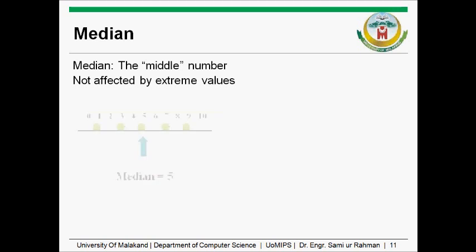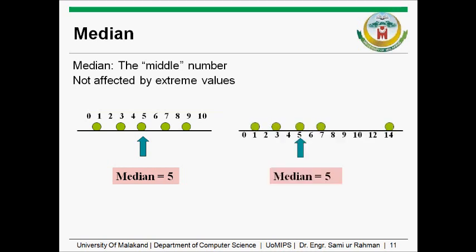For example, here we have 5 values, and when you sort these values and divide the number of samples by 2, the middle value is considered the median. Usually the median is not affected by the extreme values.